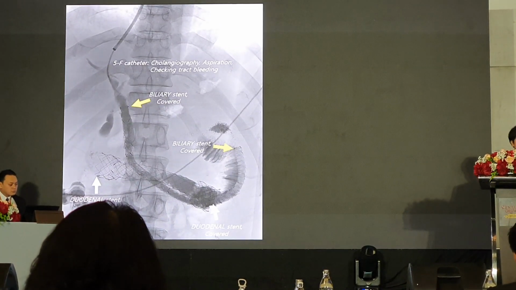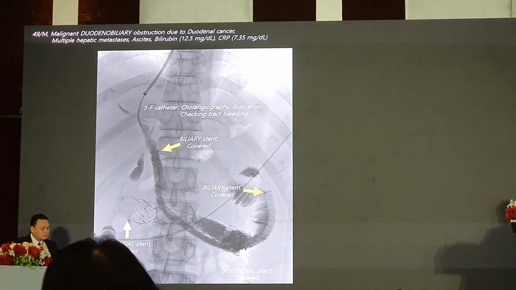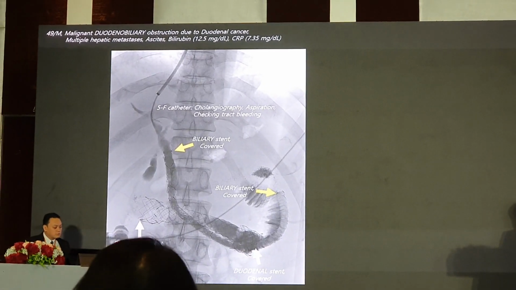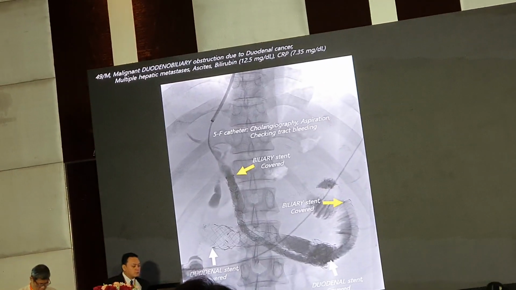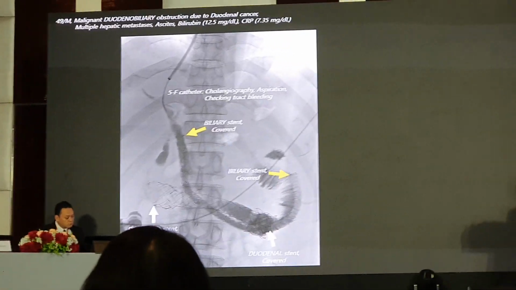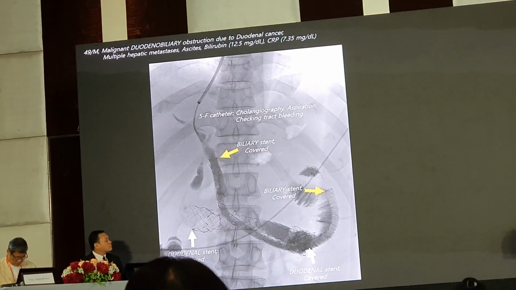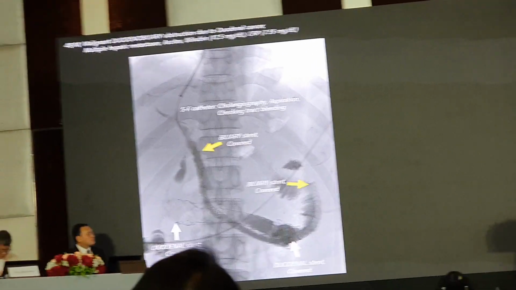So we successfully performed the subsequent biliary stenting after duodenal stenting like this. And after completion of cholangiography, I usually aspirate the intrahepatic bile juice through the 5-French or 9-French sheath, and then just remove the catheter and the sheath.